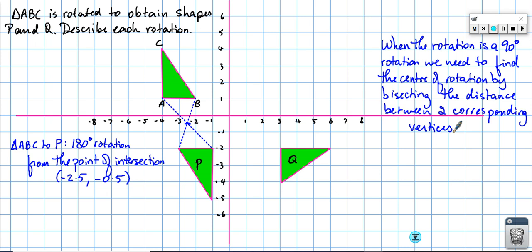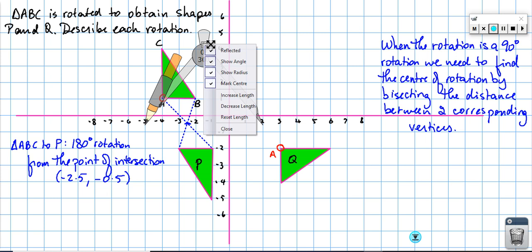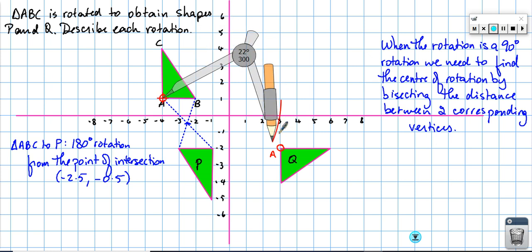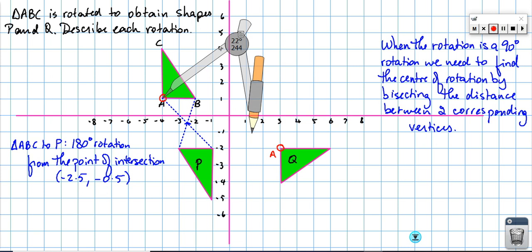Let's see this. So if I take A in triangle Q, A is that one. So I'm going to use my compass to bisect distance AA. To bisect a distance we need to open the compass about 3/4 of the distance.